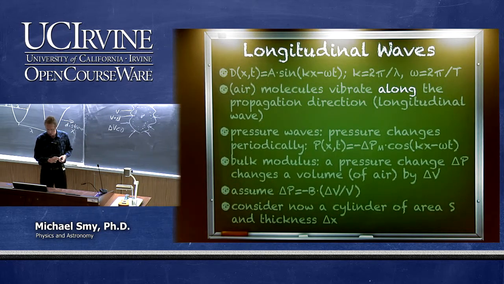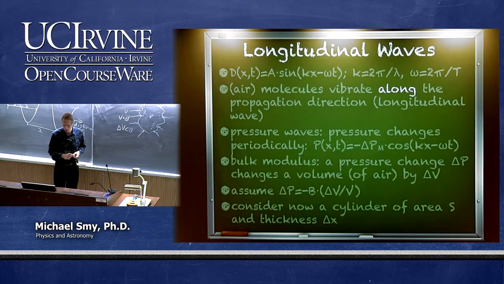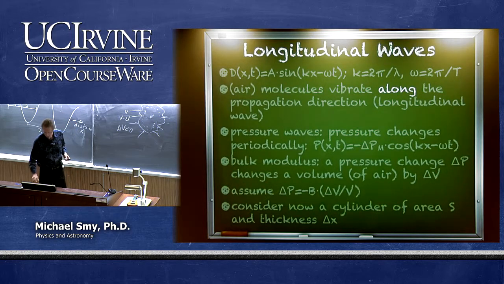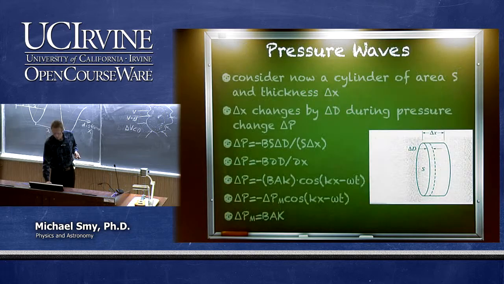So let's now consider a particular type of volume, which is a cylinder of area S and thickness delta X. If we now apply a pressure on the lids of this cylinder, then the delta X will become slightly smaller by a distance of delta D. And we can then find out how big this distance is by using the bulk modulus.